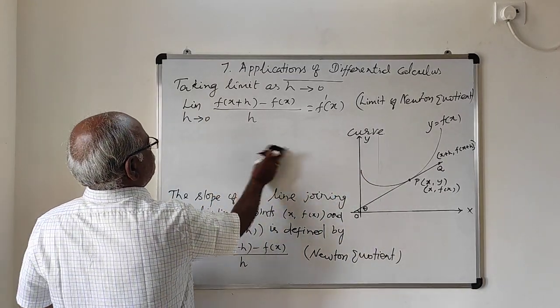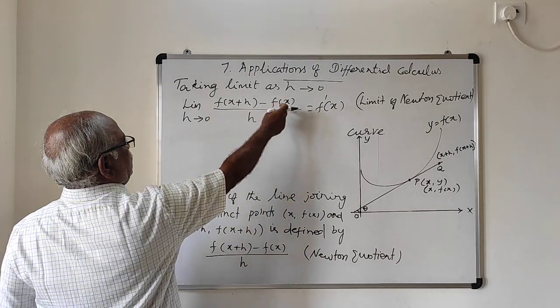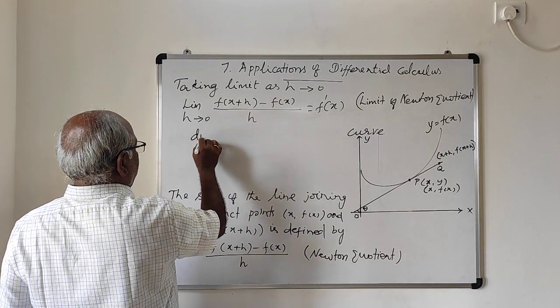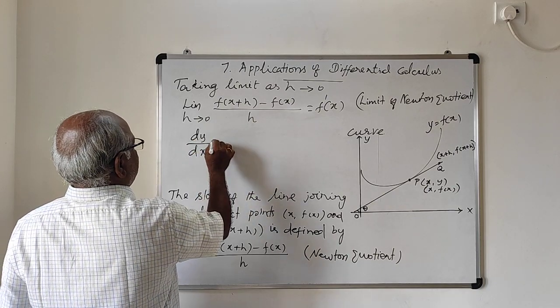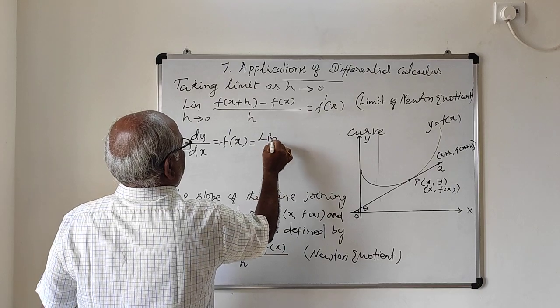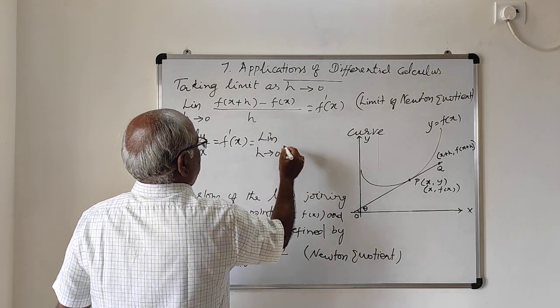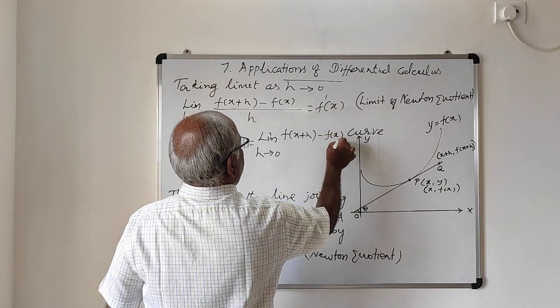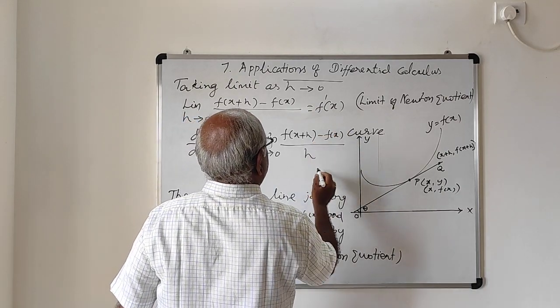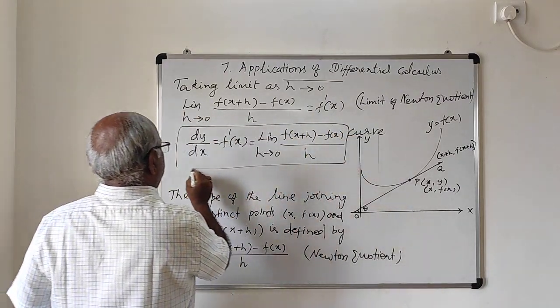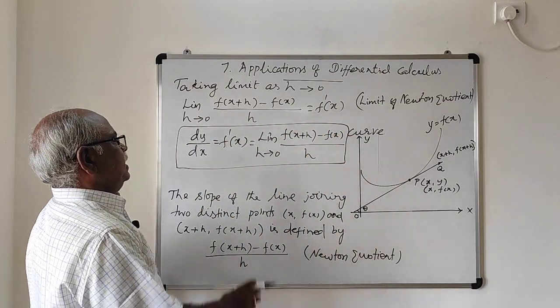So dy by dx is equal to f dash of x is equal to the limit as h tends to 0 of f of x plus h minus f of x divided by h. This is the definition of the derivative of f with respect to x.